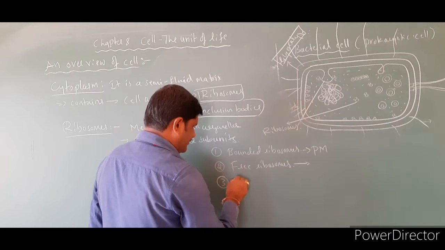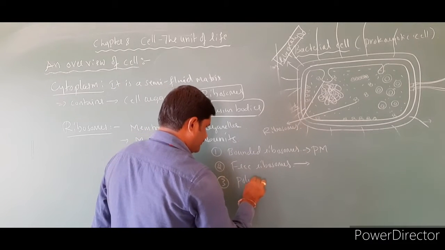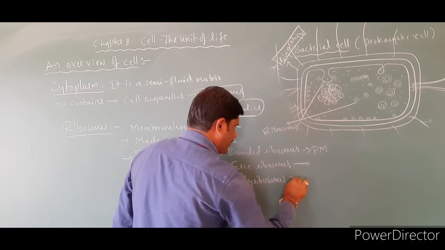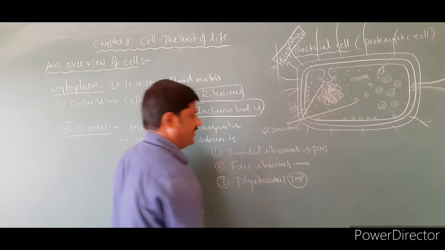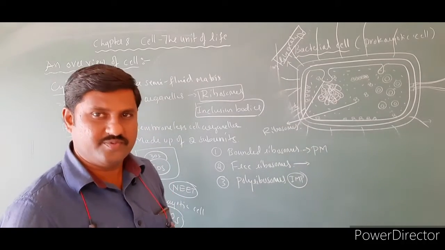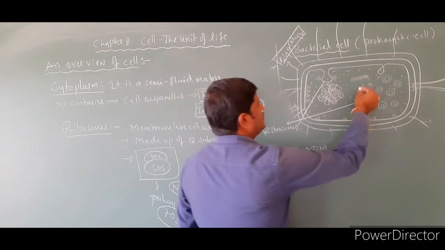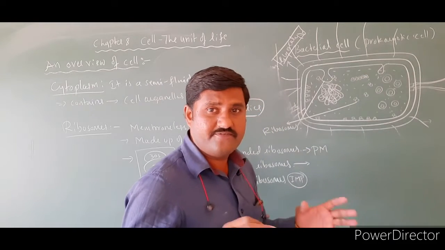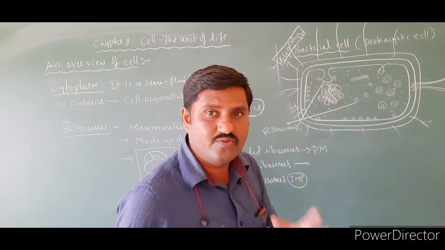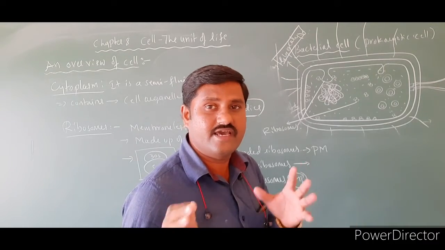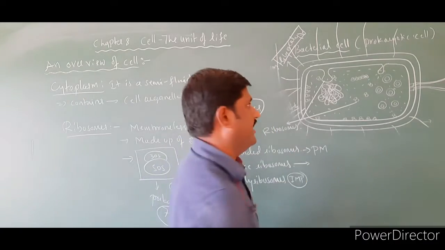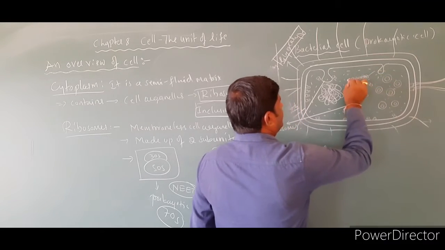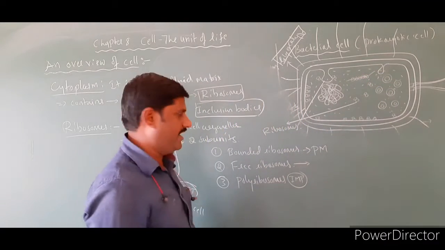Okay. And one more unique feature is there in the prokaryotic cell. What is that? That is polyribosomes. Very important feature. What are polyribosomes? See here, a chain of ribosomes is seen in the diagram. All these ribosomes are bound to only one mRNA. This structure itself is mRNA, messenger RNA.